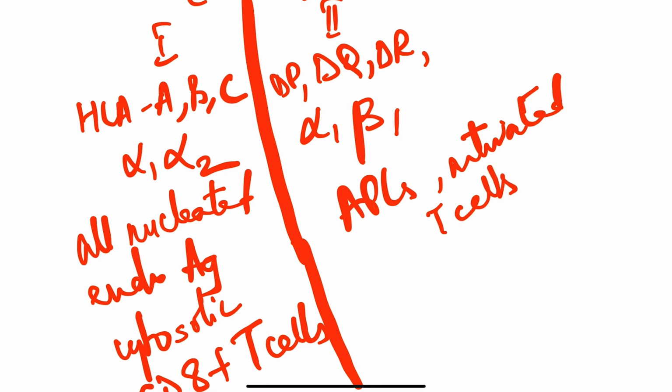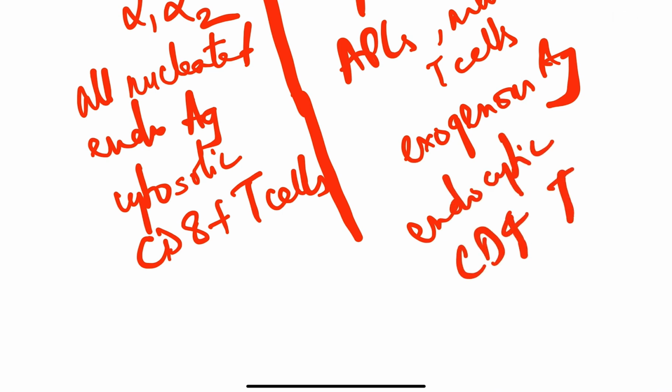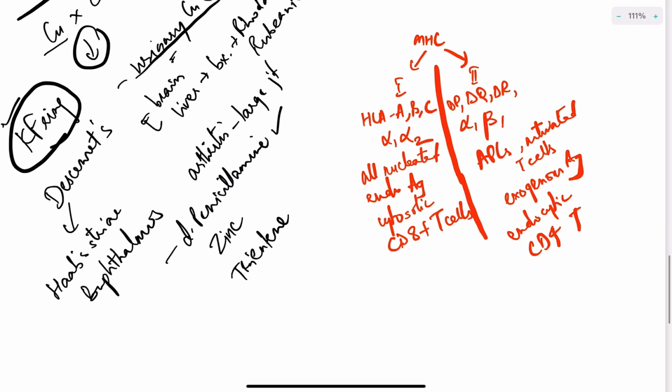It recognizes exogenous antigens and processes them via the endocytic pathway and then presents them to CD4 positive T cells. So that is the major difference between MHC class 1 and class 2.